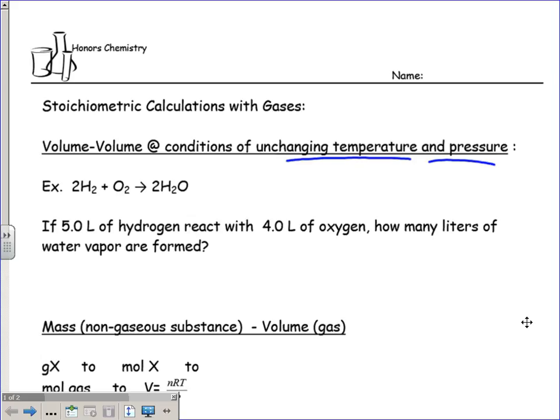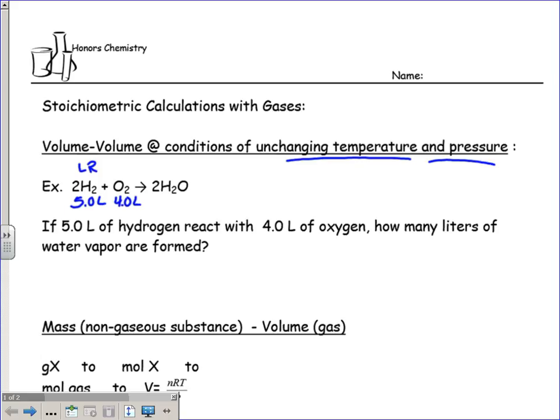So we can see here, if we have 5 liters of hydrogen reacting with 4 liters of oxygen, we can determine very quickly that the limiting reagent is the hydrogen. Remember, we'll divide that 5 by the 2. That gives us 2.5, which is smaller than 4 divided by 1.